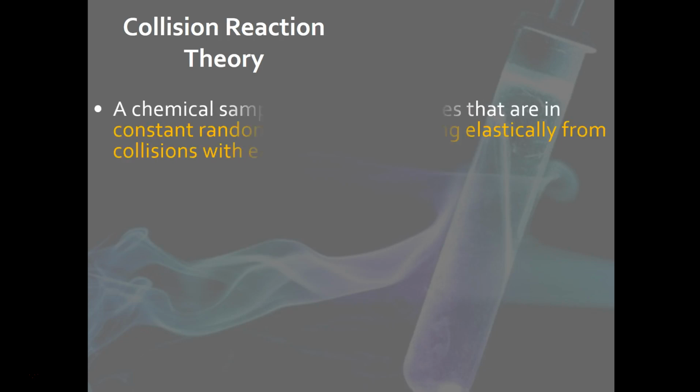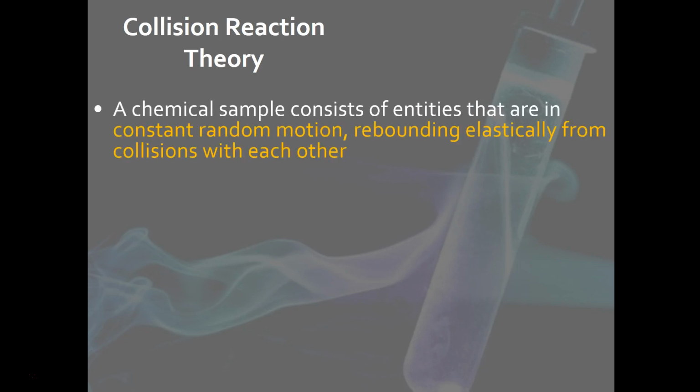And part of that is collision reaction theory, which you would have talked a little bit about in Chem 20. We assume that in a compound, the molecules are constantly moving. They are in constant random motion, rebounding elastically from collisions with each other.